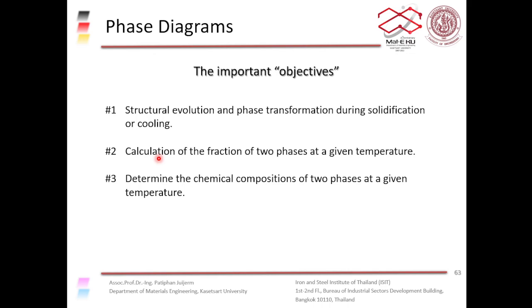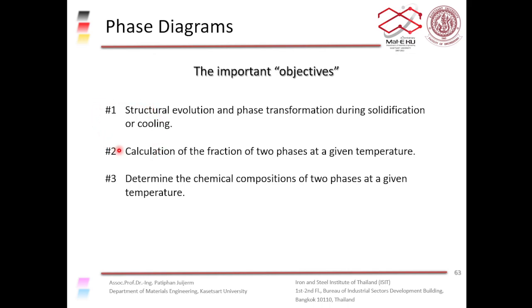As it cools down, what phases are present and what are the microstructures present at each temperature as it cools down, right? So the structural evolution of phases, right? That is the first objective.